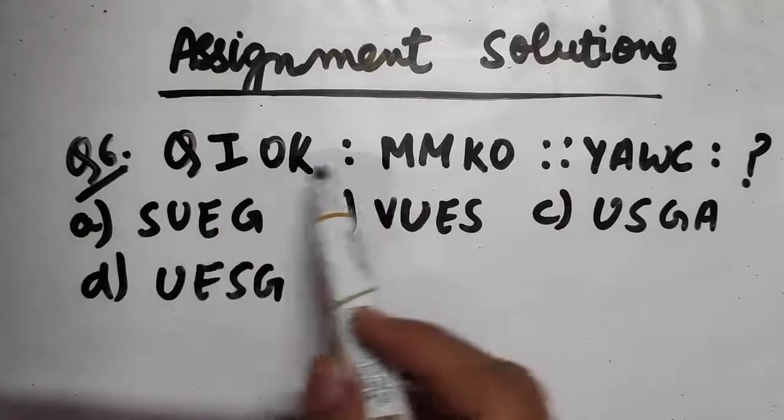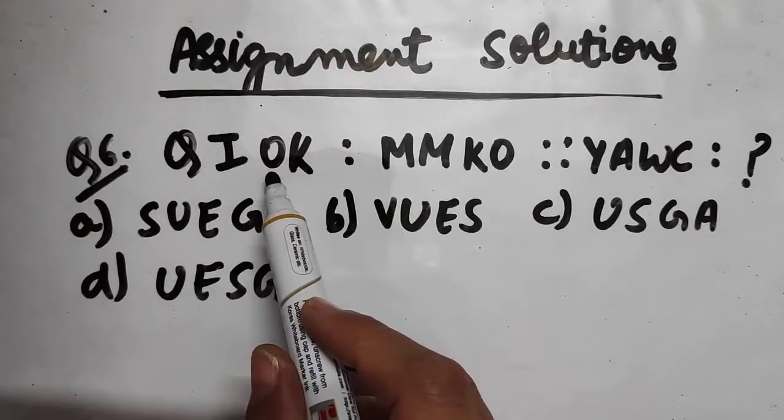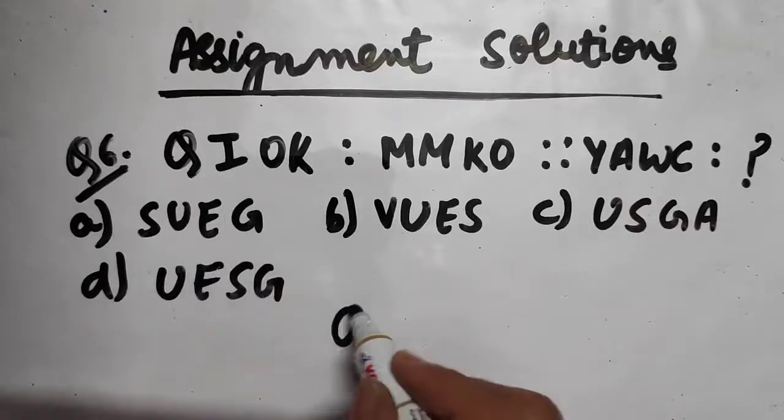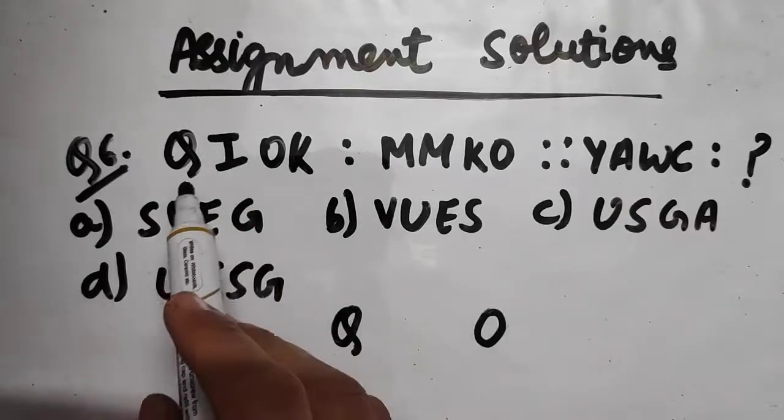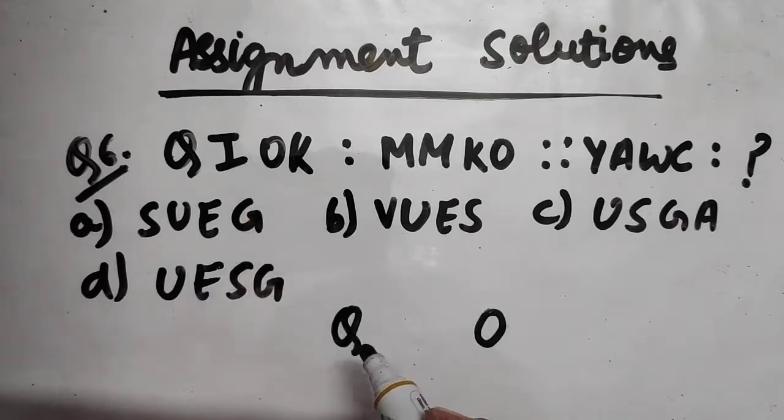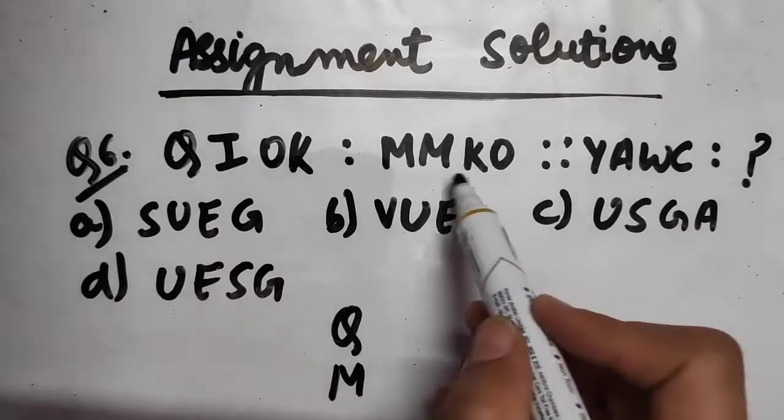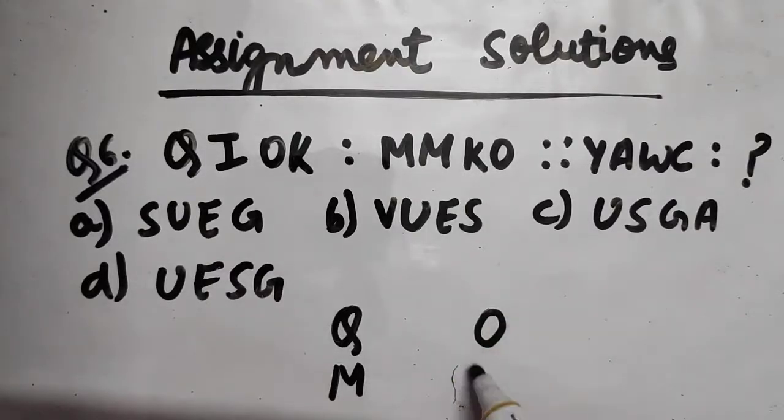On observing the pattern of these two groups, the first and the third letters of the first group, that is Q and O, are moved 4 steps backwards to obtain the corresponding first and third letters of the second group.